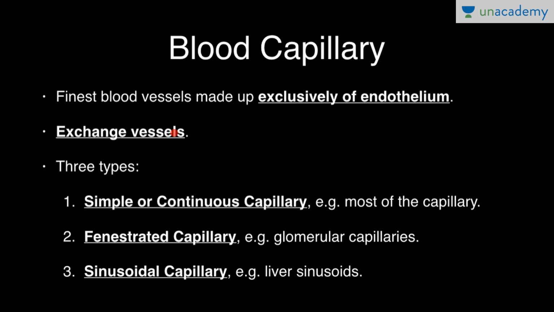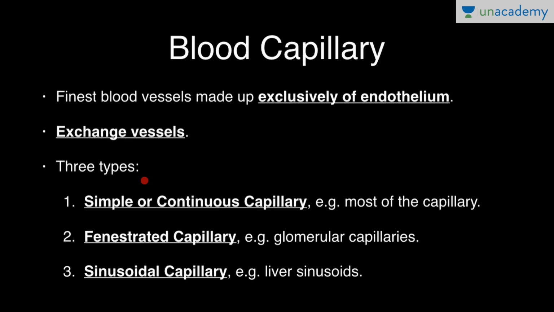If it is an arterial capillary, then oxygen diffuses from the capillary to the tissues, and if it is a venular capillary, then substances diffuse from the tissues to the venules. So these are exchange vessels, as substances are exchanged across these blood vessels and the tissues.